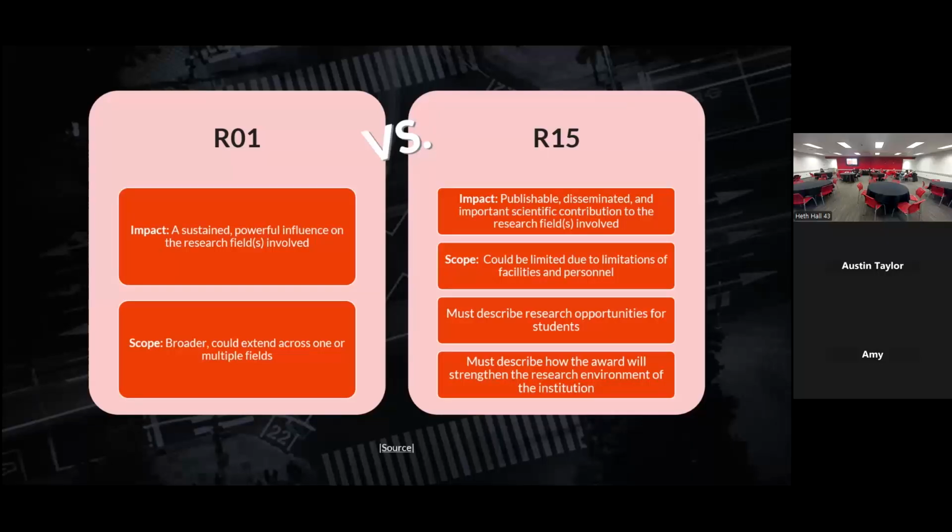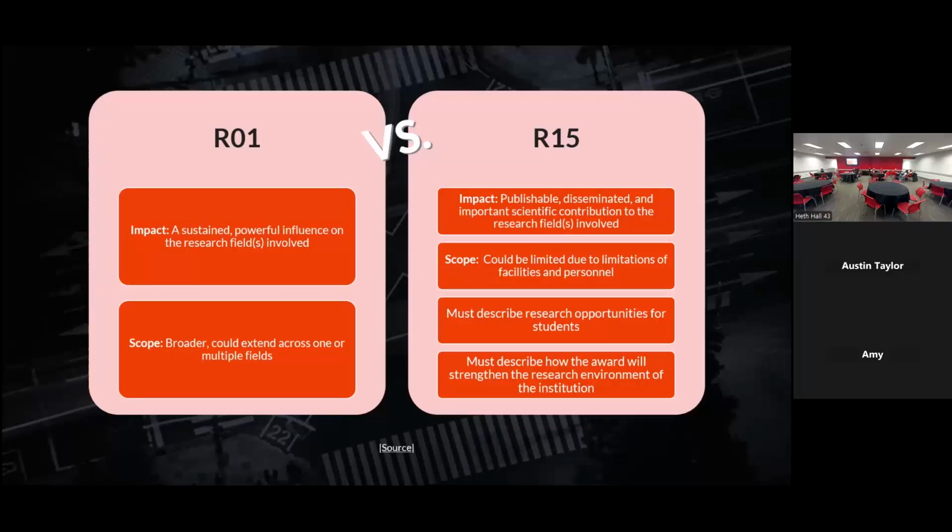They want to see that students are actively engaged throughout the course of the research, including contributing to co-authoring publications as the data starts to come out. And so you want to be intentional about how you describe that, because that's going to be very important. You also want to describe how the award itself and creating these opportunities for undergraduates are going to establish a research culture at your institution, strengthen, and extend capacity via this funding.